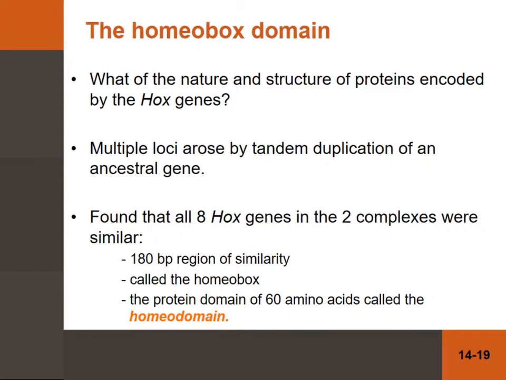And of course, what they found was that all 8 Hox genes in the 2 complexes were in fact very similar, particularly in a 180 base pair region. They named this the homeobox, and the protein domain of 60 amino acids that's encoded by that homeobox was called the homeodomain.